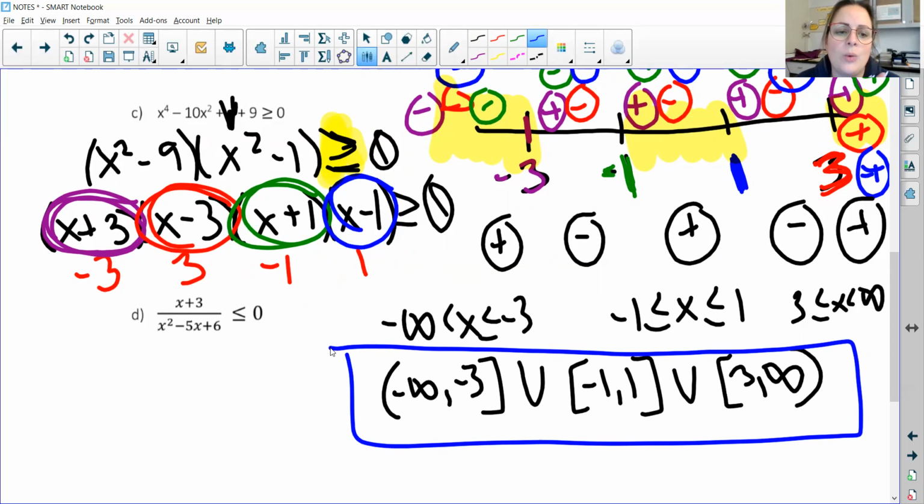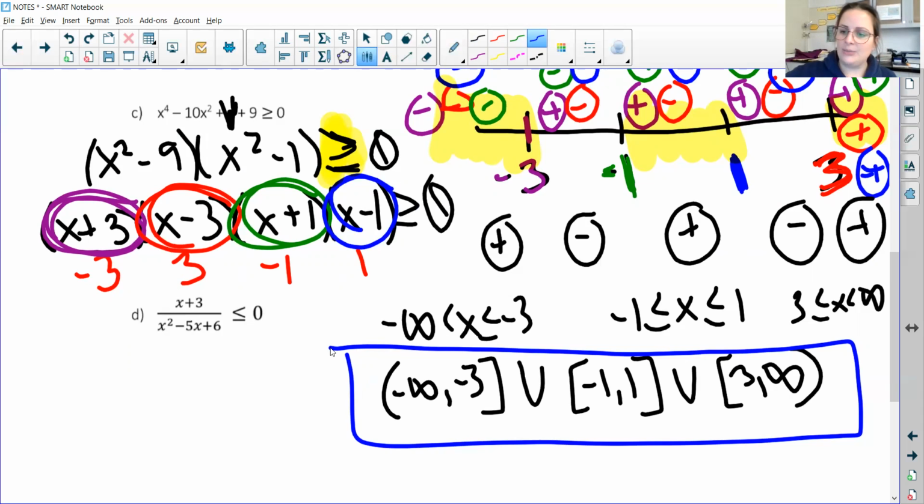Where it has an even number of negatives, it'll be positive, and if it has an odd number of negatives, it'll be negative, because a negative divided by a negative is a positive, and a positive divided by a negative is a negative. So the same rules apply for determining the overall sign of the inequality.